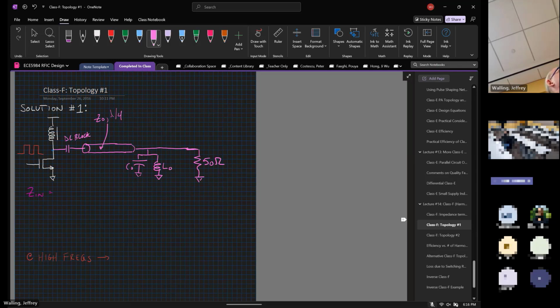Now I want to be clear right now that I'm not necessarily saying that Z naught is equal to 50 ohm. Z naught is something, it's just the characteristic impedance of the line right now.